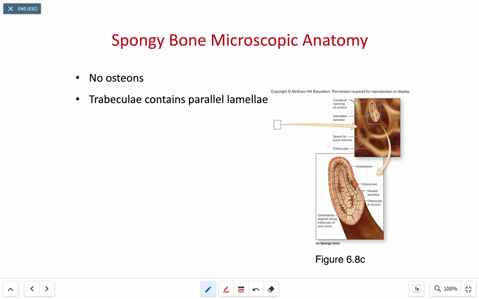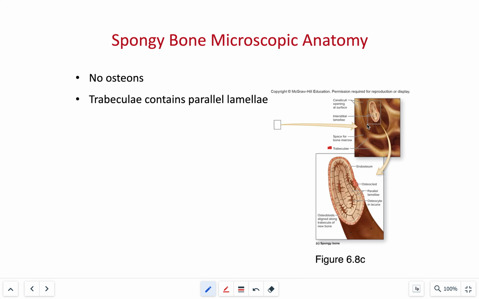So when we're looking at the structure of the spongy bone, the first thing is there is no concentric ring lattice network, so the lamellae are not arranged inside of osteons. The matrix forms struts or plates, and these are called trabeculae. There are no capillaries or venules located inside of this.